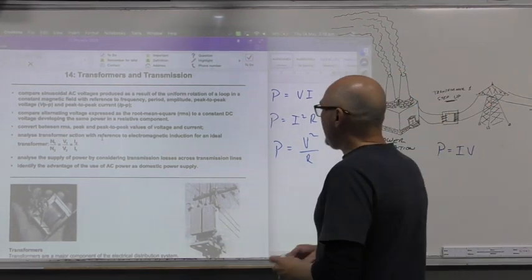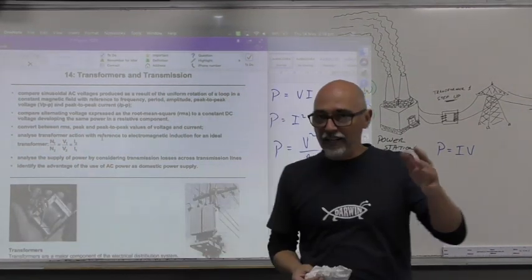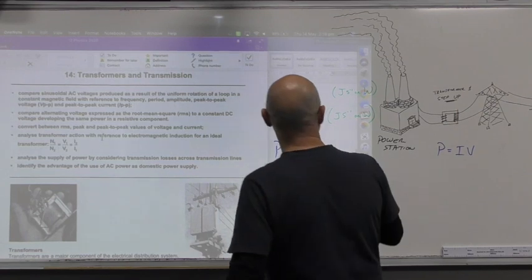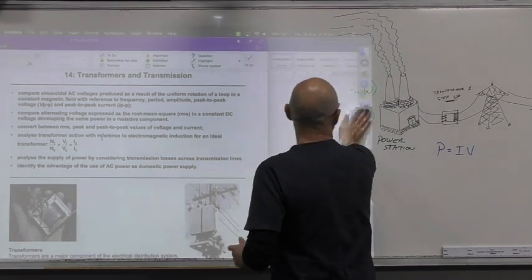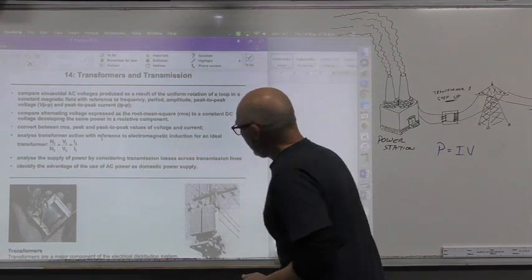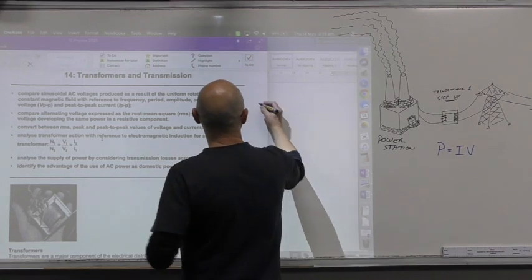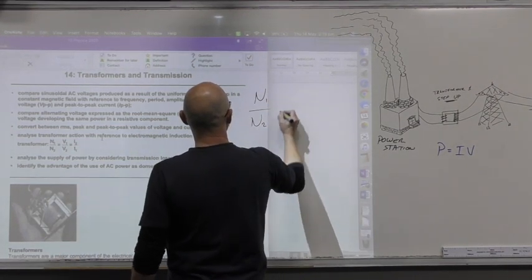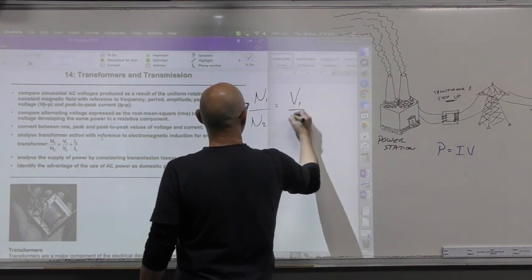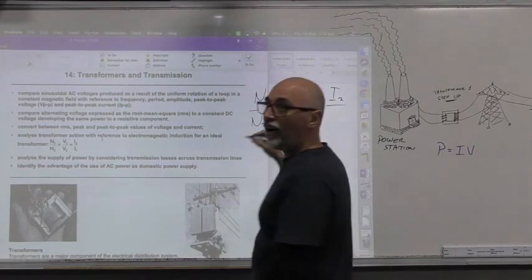Now, there is this nifty little one right here, which is kind of important to understand. Okay, so I'm going to rub this out because I write way too big to leave everything on the board at the same time. This here is, I'm going to write it nice and big, N1 over N2 is equal to V1 over V2 is equal to I2 over I1.